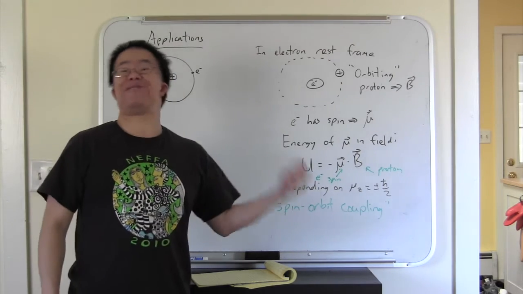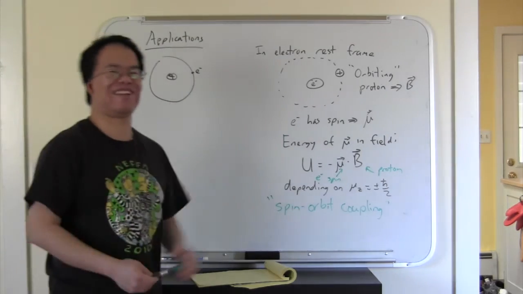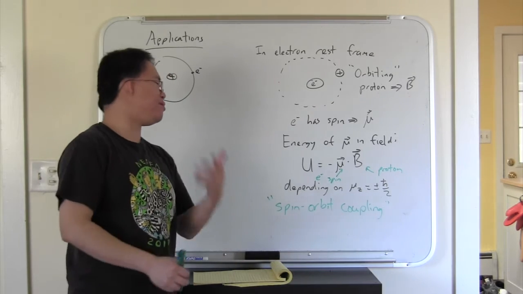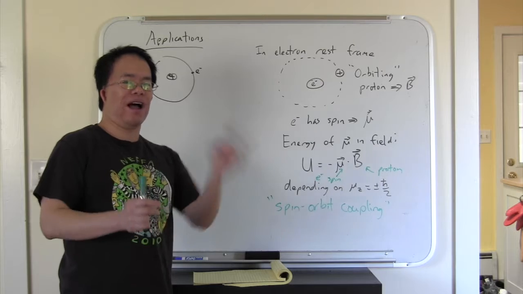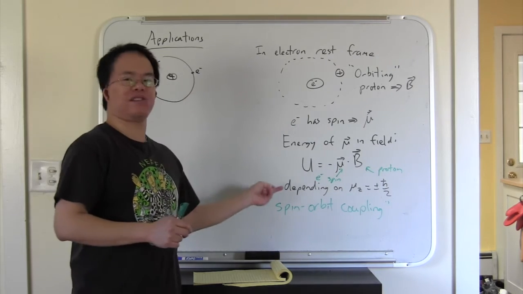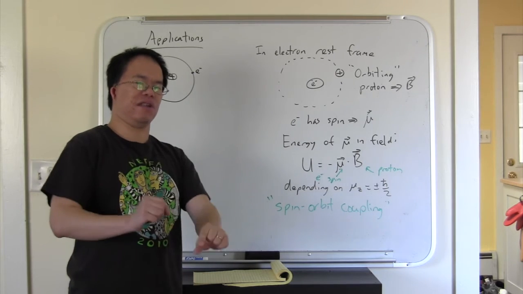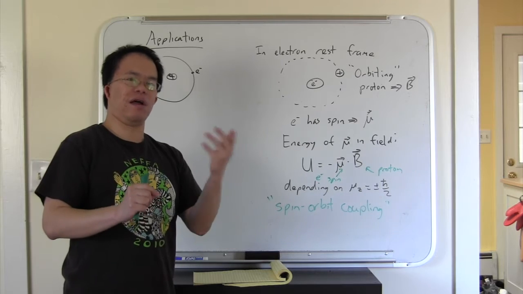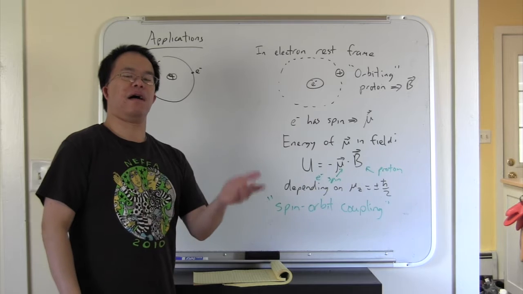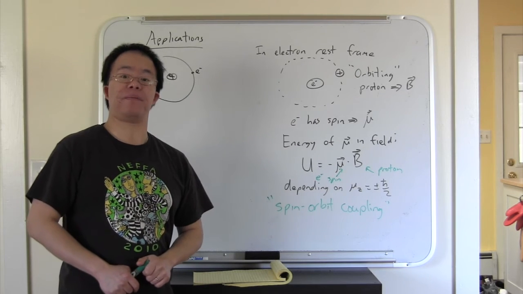It turns out you actually have to account for relativity when you do this as well, so it's really, really awesome. You should take more quantum. But hopefully this at least lets you see how having two possible spin states could give rise to a splitting of the energy level for n equals 3, which ultimately gives rise to the splitting of that H alpha line you can see in the hydrogen spectrum.